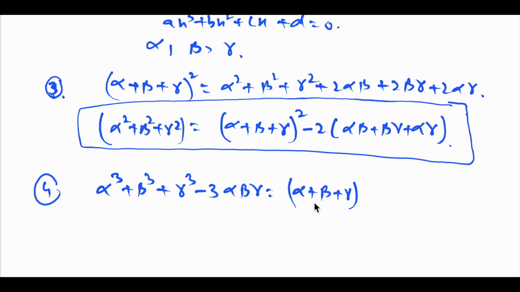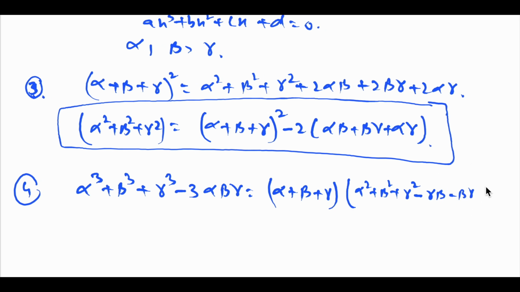These are the factors: alpha plus beta plus gamma, and another bracket, alpha square plus beta square plus gamma square, then multiply these in opposite sign. This plus alpha beta, I write minus alpha beta. Not twice, here no 2 will come in the factors. And this beta gamma is minus beta gamma. And this alpha gamma, I will write as minus alpha gamma.